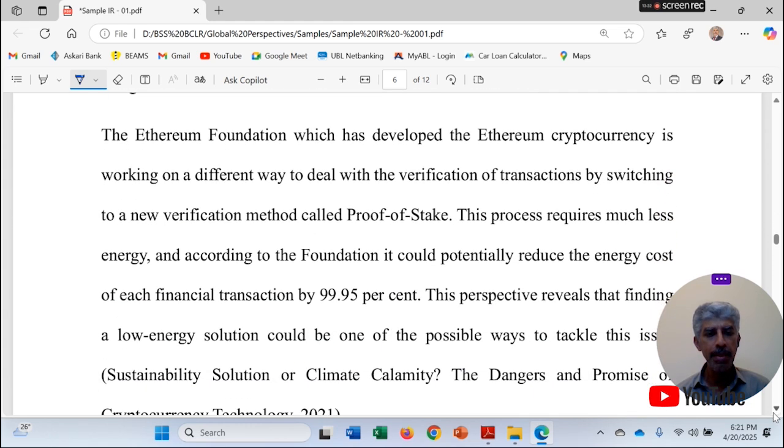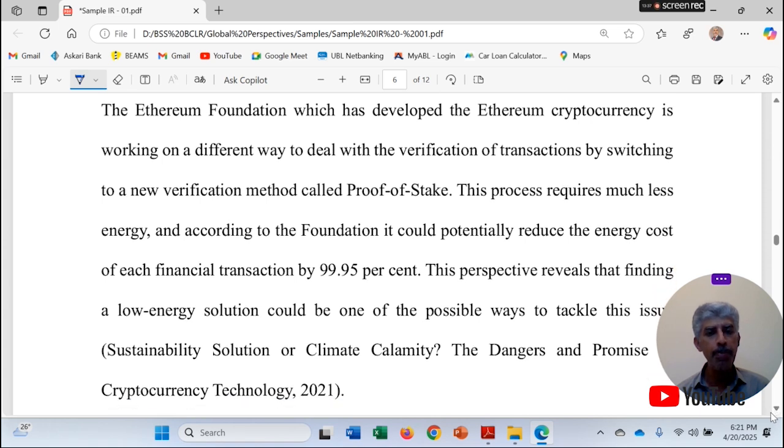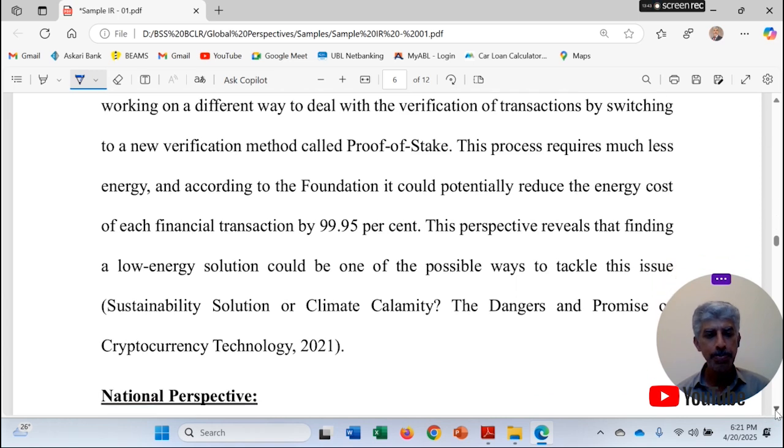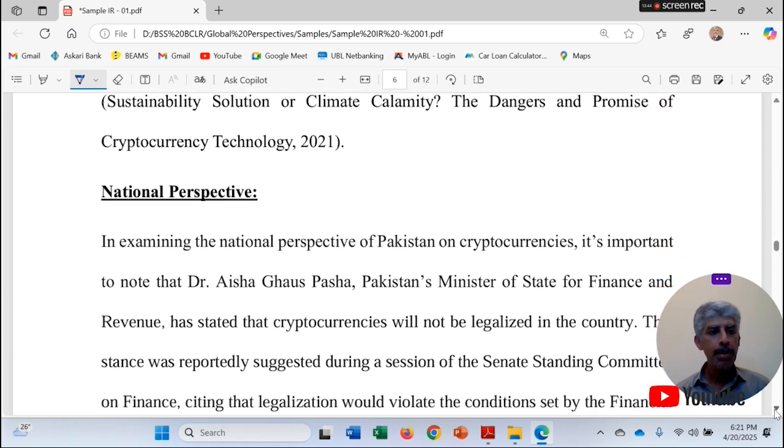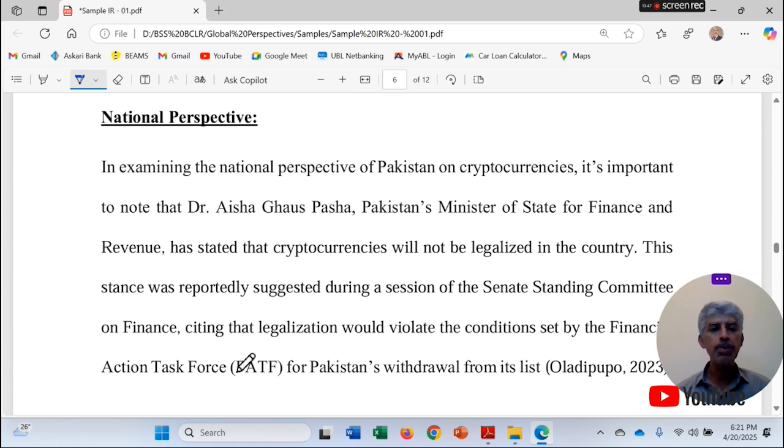In this way the global perspectives are explained under the heading of global perspectives. And keep in mind that those perspectives should be related to the whole of the world rather than to a particular country.